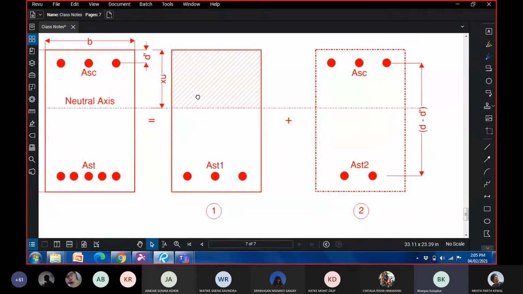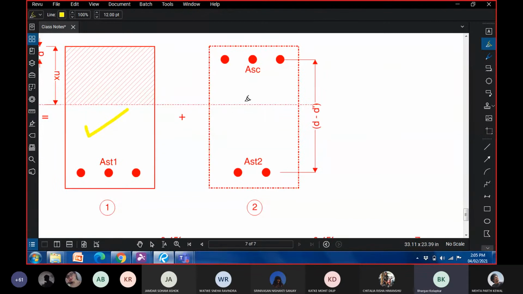In the first section, we are considering all the concrete and all the steel that is required to generate a tensile force in steel equivalent to the compressive force in concrete. So this is the kind of section that we have studied until now.